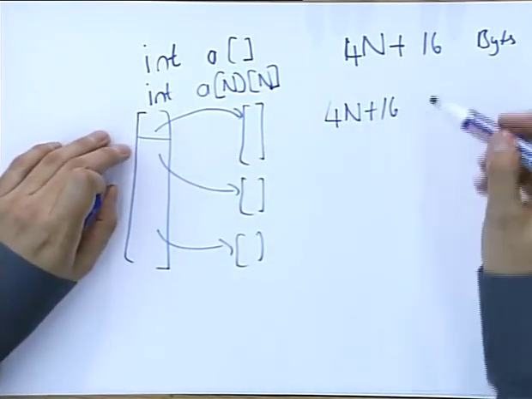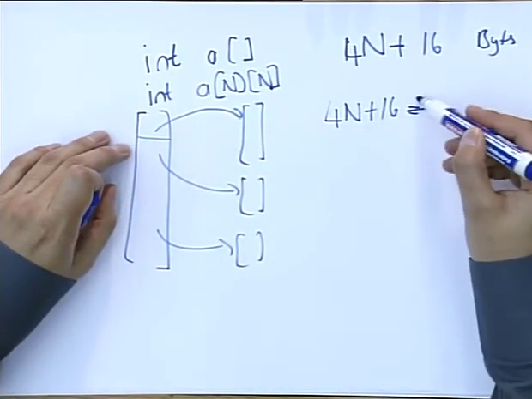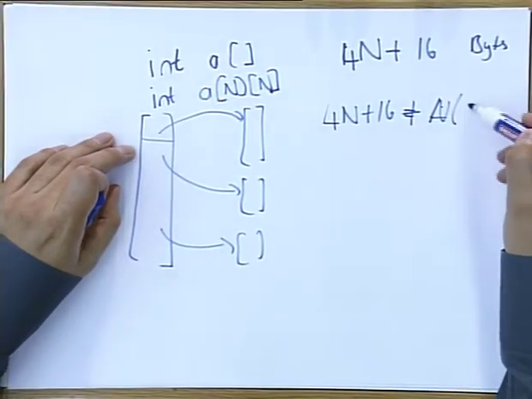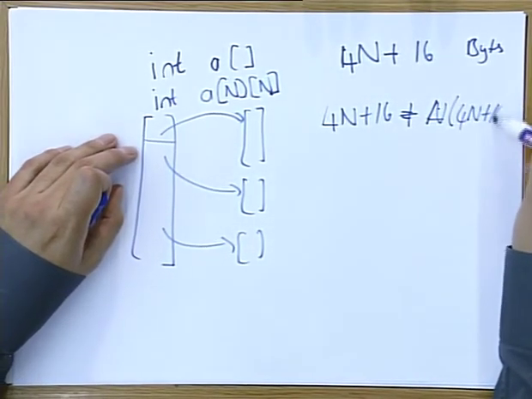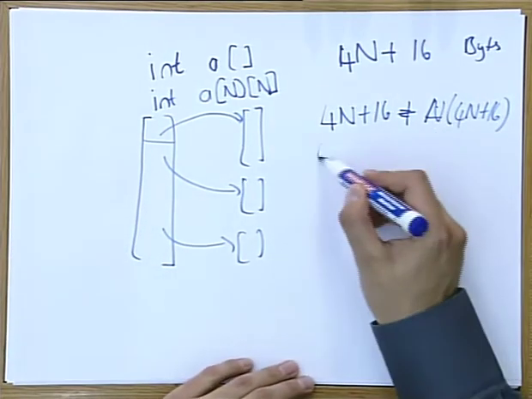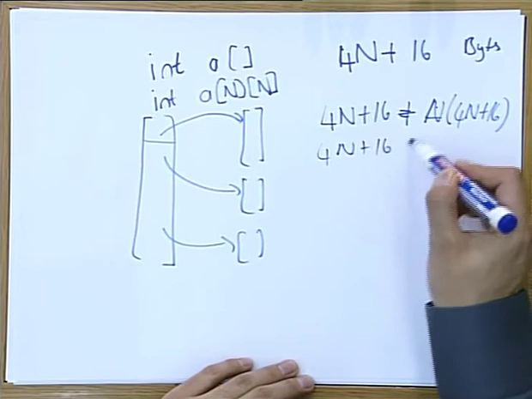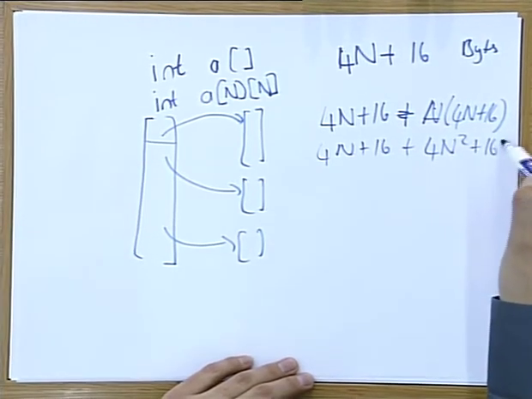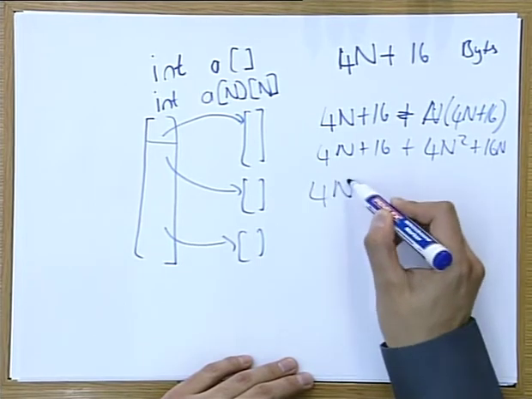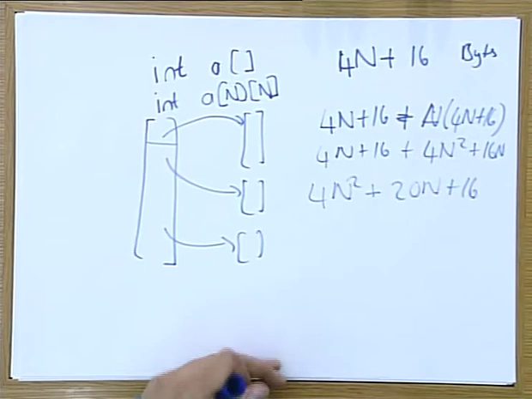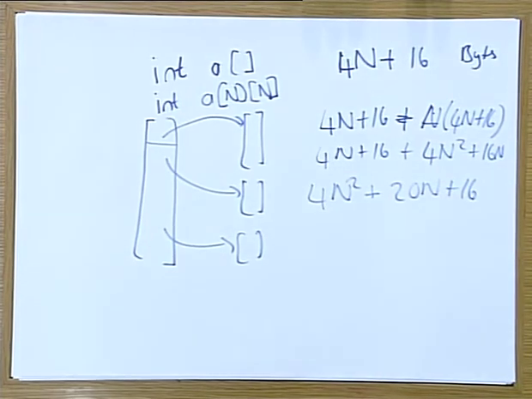And then for each one of them, we need another n times 4n plus 16. And I just hope this adds up to 4n plus 16 plus 4n square plus 16n, and that's 4n square plus 20n plus 16. I was really fearing that I don't get the right answer, but look, it is the right answer over there.